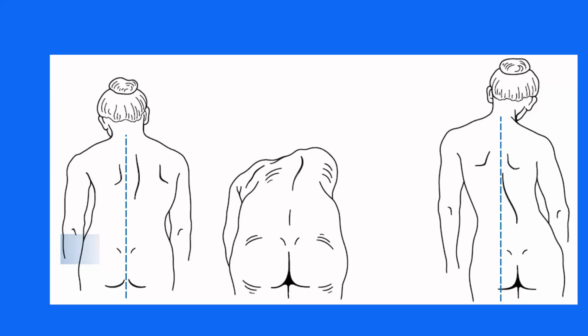If you let the patient stand in front of you and you look from behind, you can see that in the photograph on the left-hand side, there is a slight deviation to the left side. In the middle photograph, you see a hump, a protrusion.